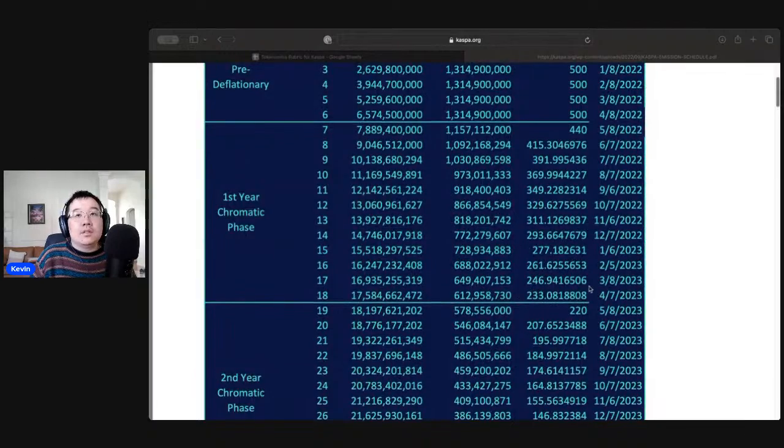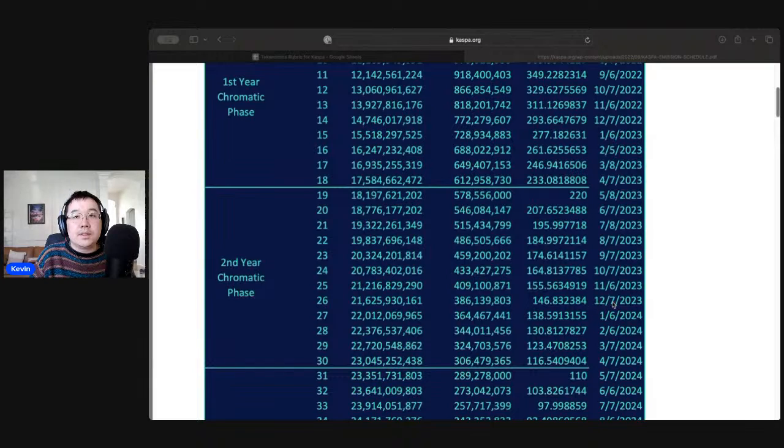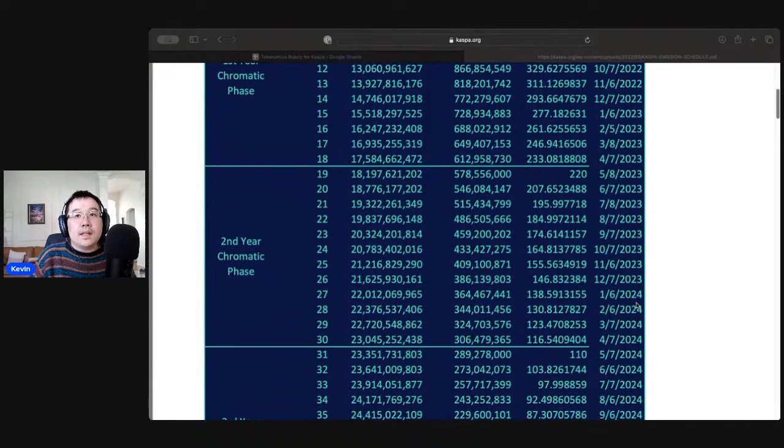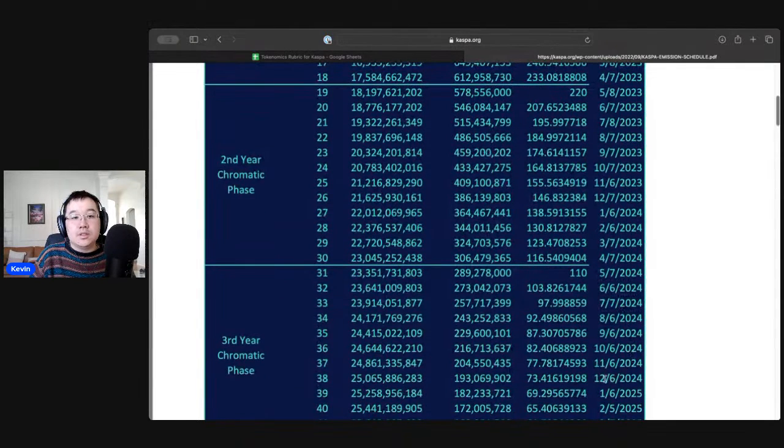So right now we're closest to right here, December 7th, 2023. And if we're talking about annual inflation, this is showing you monthly. So you go from here to December 2024, and you add up all of these and divide it by the current circulating supply.